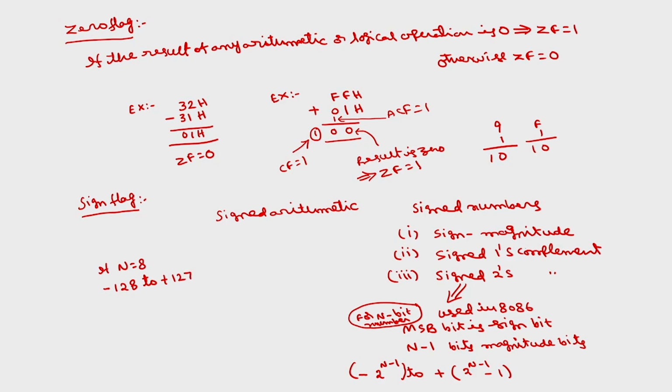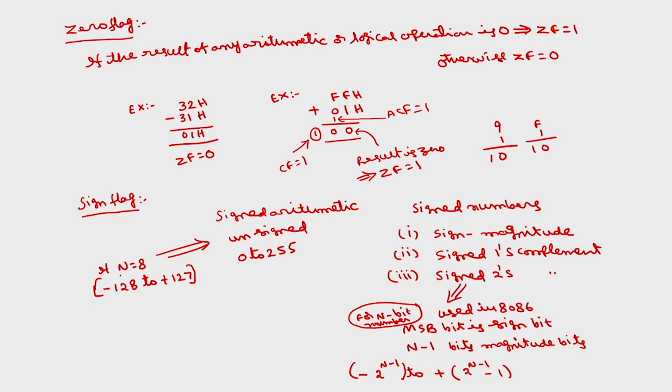So, even though you have 8 bits, this is the range of the numbers that you can represent in signed 2's complement representation. If it is an unsigned number, 8 bits means you can represent from 0 to 255. For n equal to 8 in the case of unsigned numbers, if I use all the bits for magnitude only, then the range will be 0 to 255.